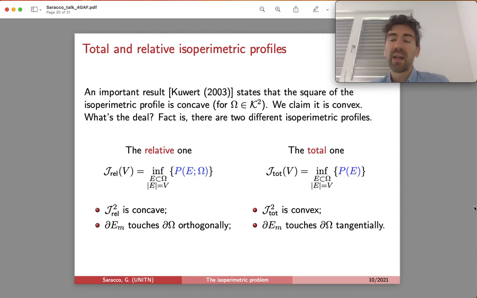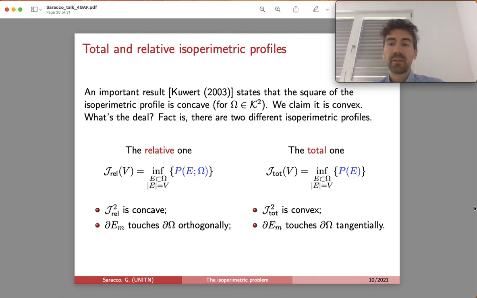You do not pay anything on your energy, okay? And this is what Couvert studies. What we study is the total profile, where you look at the total perimeter. So if your competitor has some piece of the boundary shared with the box omega, it's going to pay, okay? Nothing is for free now, okay?